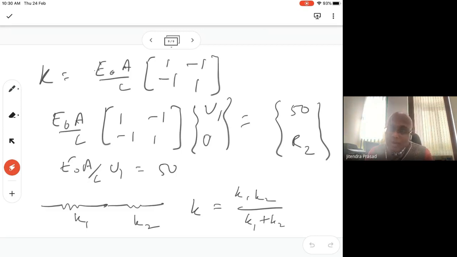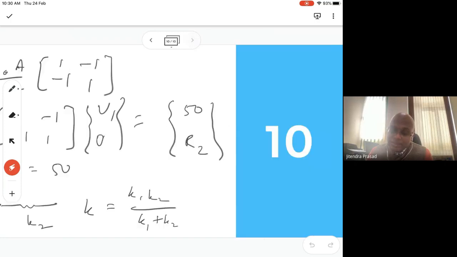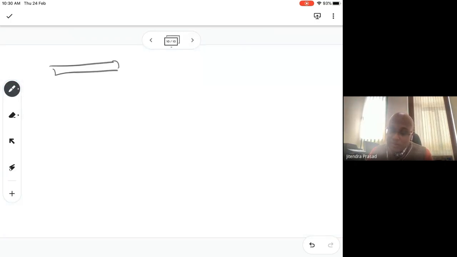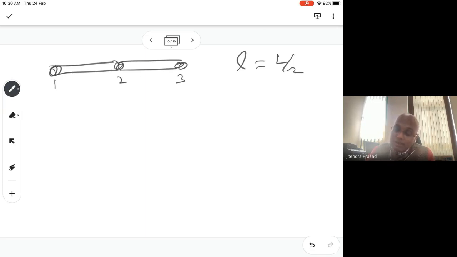Okay. Now, when you take two elements, then what happens? If you take two of them, here you have nodes 1, 2, and 3. Let's call it a small l, which will be equal to big L over 2. So this is L over 2, this is L over 2, and this is equal to small l.